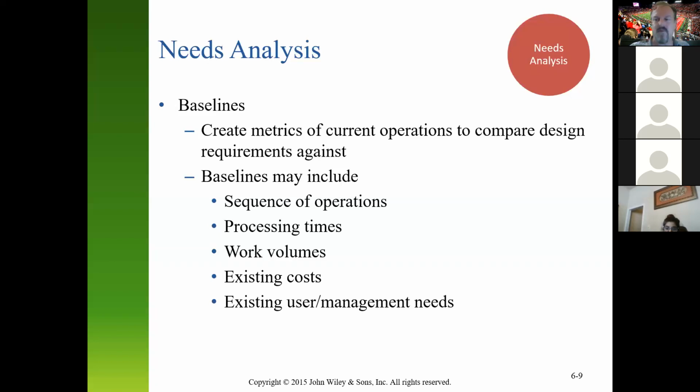Existing costs. Maybe we're trying to reduce cost. As I said, your cost. And next to employees, by the way, and I didn't mention this before, employees usually cost a company the most money. Their payroll is the highest thing, unless they're building cruise ships or manufacturing something. The highest cost is your employees.